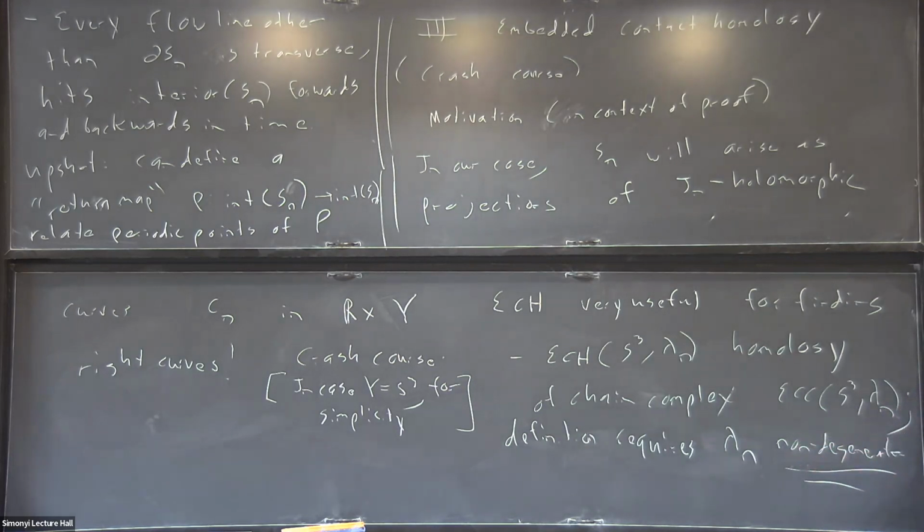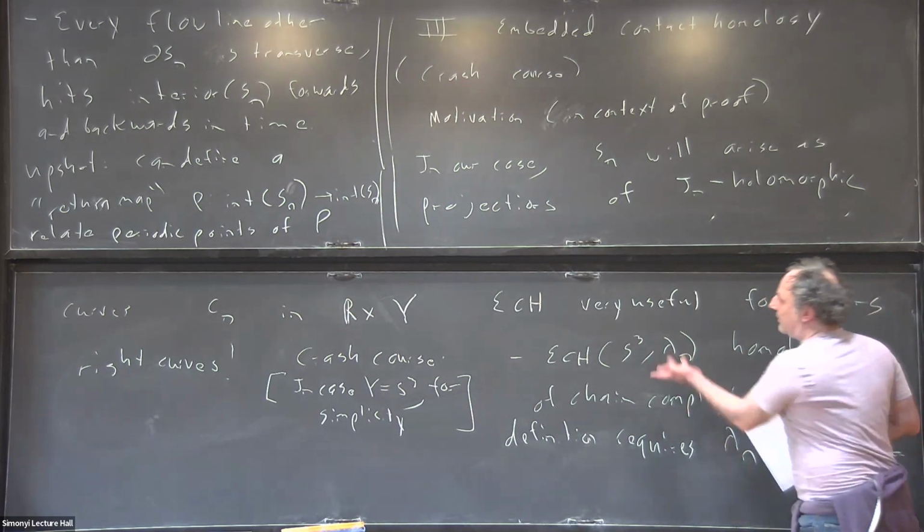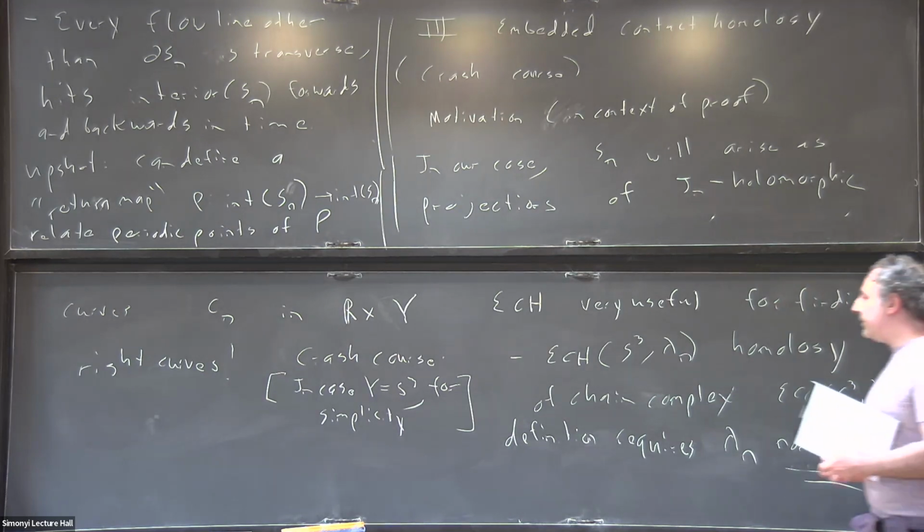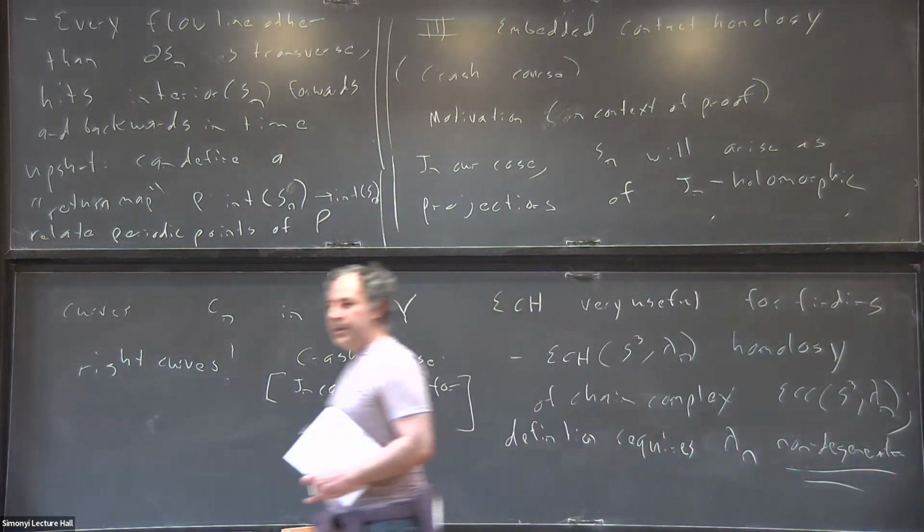I didn't give a definition of non-degenerate, but just think in terms of Morse theory: the non-degenerate situation is similar to studying a Morse function on a manifold, whereas the general situation would be like studying an arbitrary function on the manifold. Okay, any questions about that?